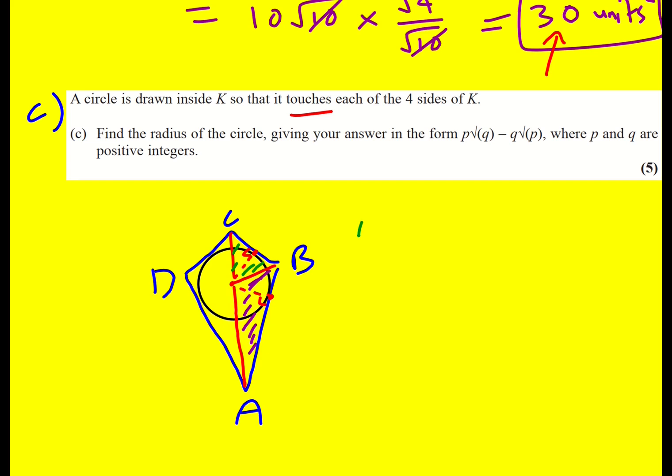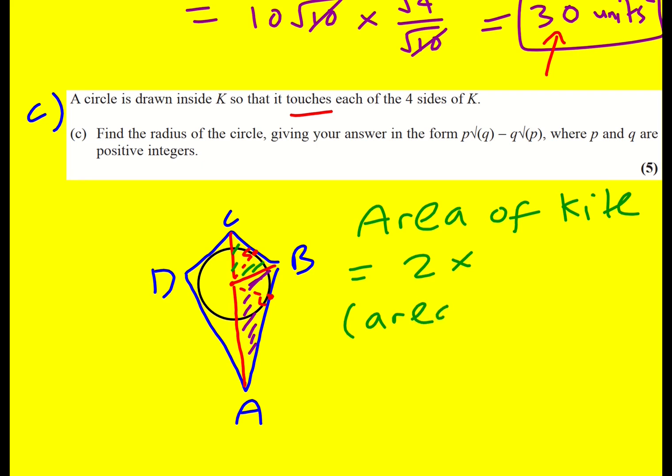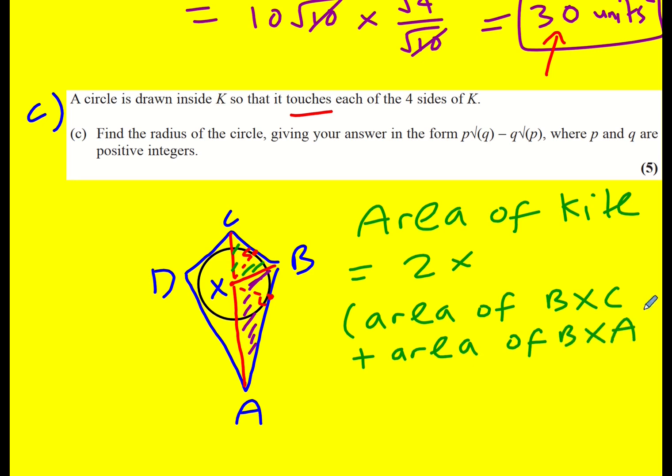And therefore the area of the kite is going to equal 2 times the area of, now I should probably call the center something. I can't call it C, so I'll call it capital X. It's going to be the area of BXC plus the area of BXA.